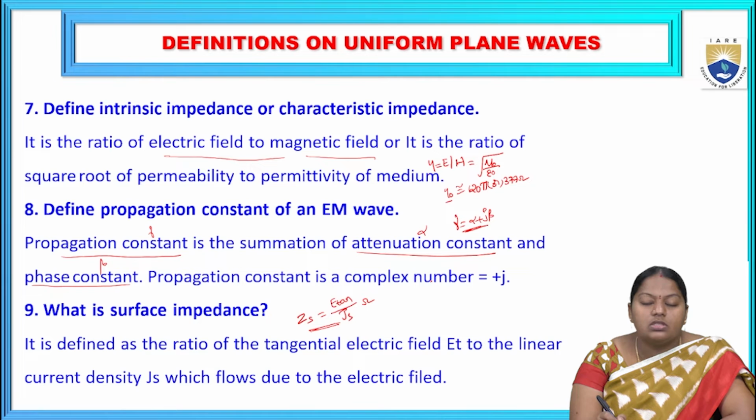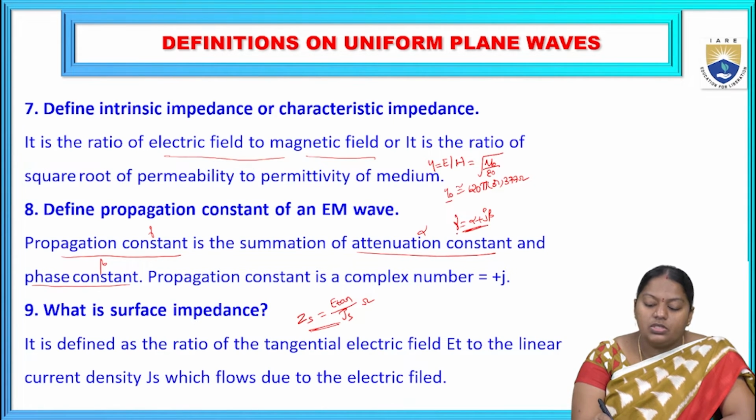Then propagation constant of an electromagnetic wave. In general, the propagation constant is a complex number, and it gives us the summation of the attenuation constant alpha and the phase constant beta.